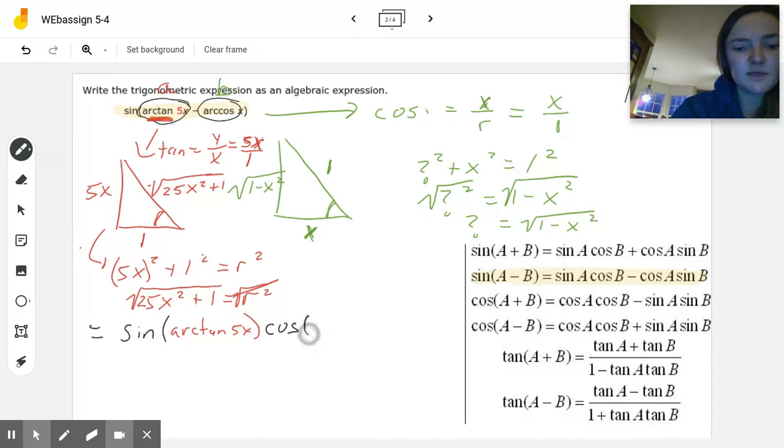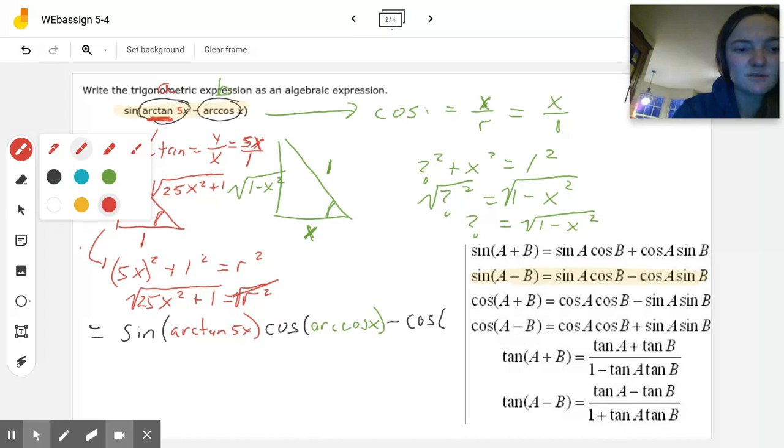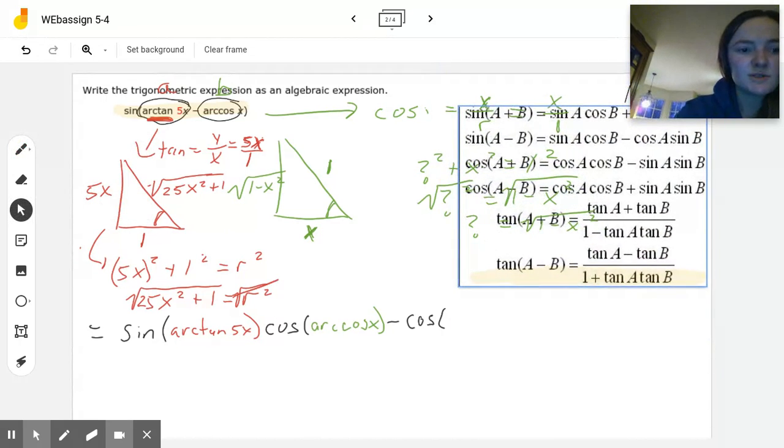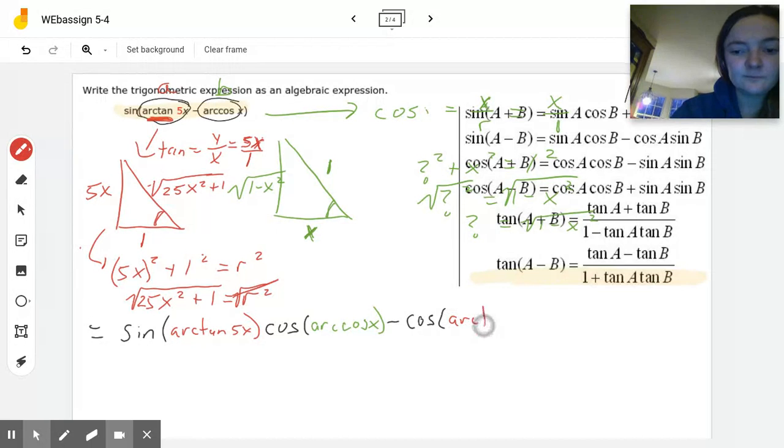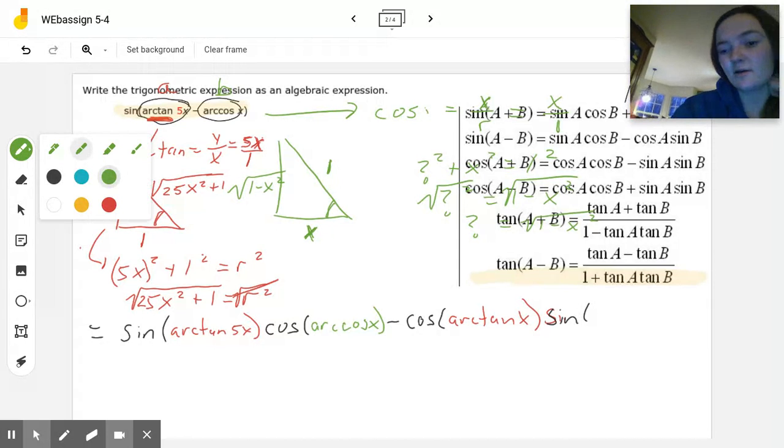So cosine of b, and b in this case is arc cosine of x, minus cosine of a, which in this case is arctangent of 5x, times the sine of b. And in this case, b is the green, which is arc cosine.